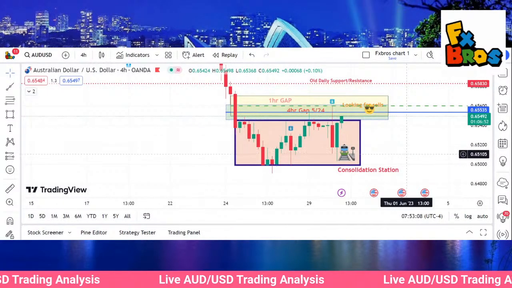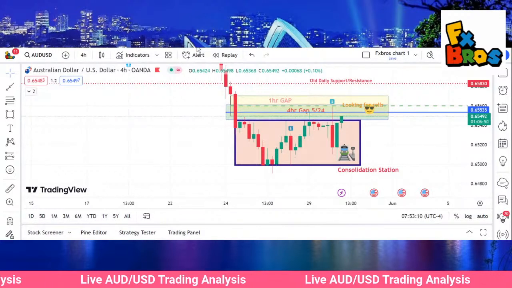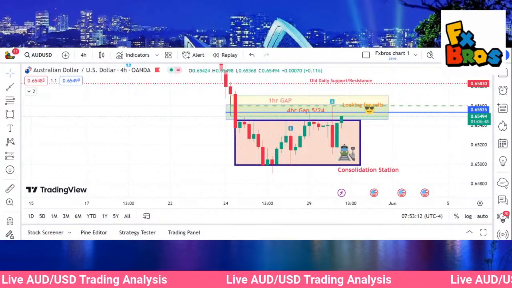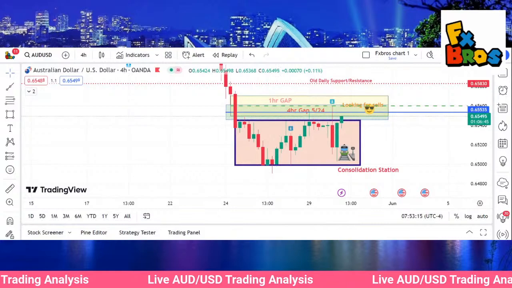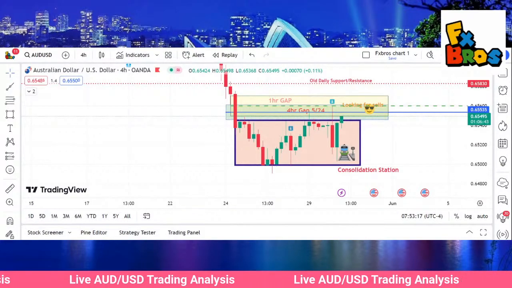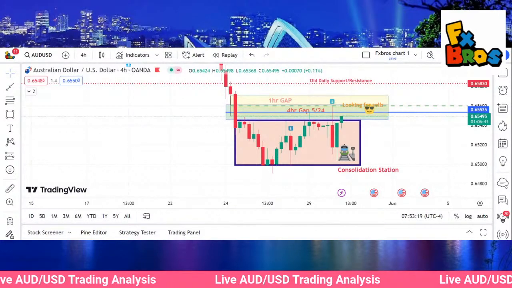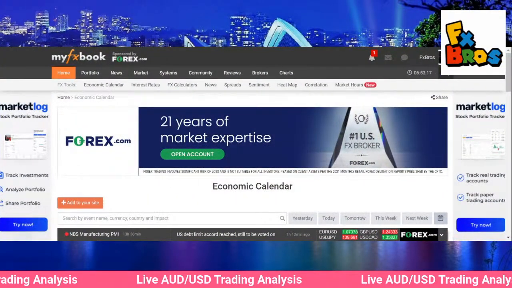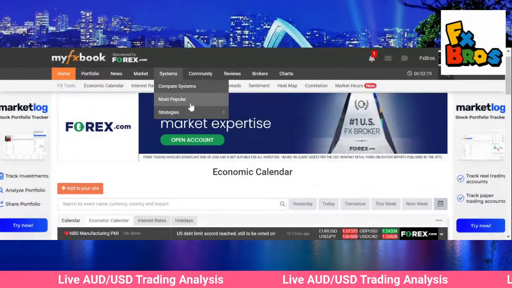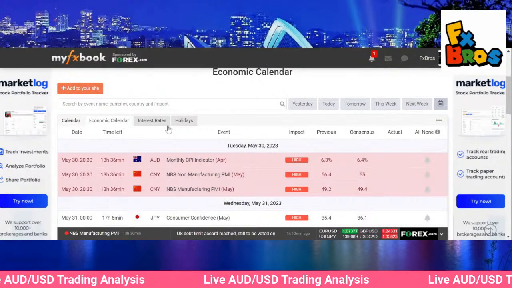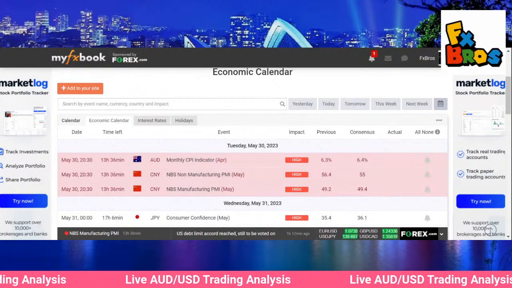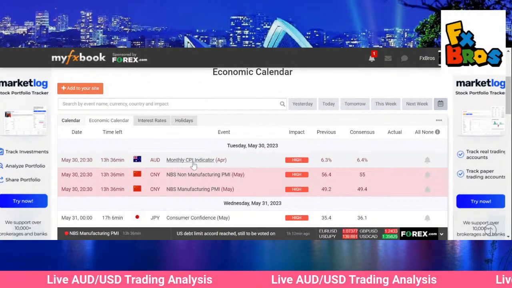of volume. But we're going to take a quick glance at the news right quick to see what's coming out. I know we talked about it on Sunday. So Tuesday, we have a nightly news CPI indicator for the month.